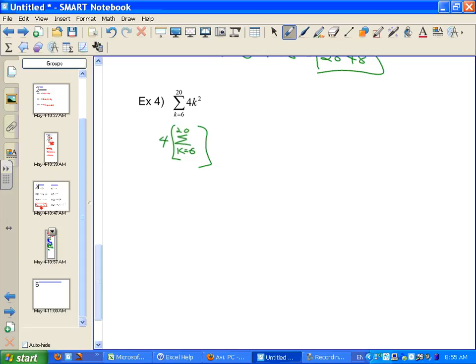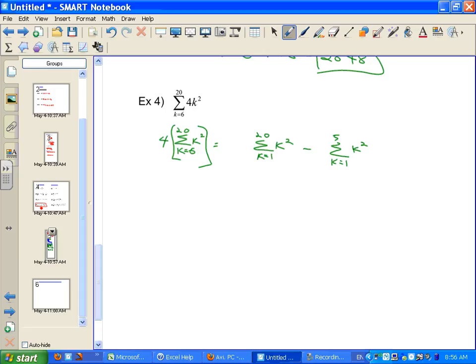All right, so this is going to be the summation of k equals 1 going to 20 of k squared. Then we're going to subtract off the summation of k starting at 1 going up to 5 of k squared. Right?